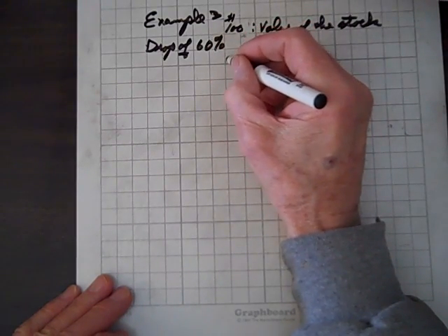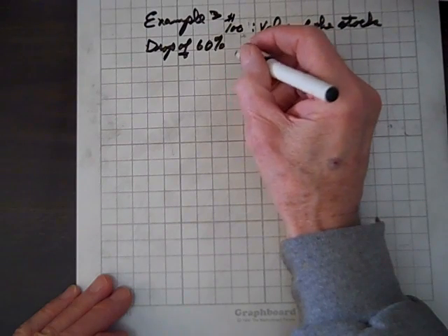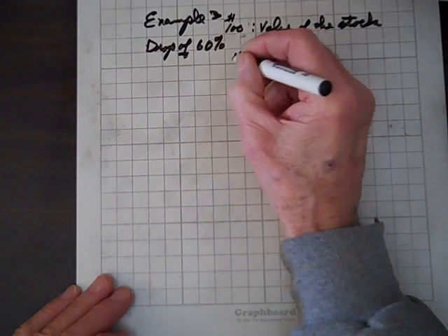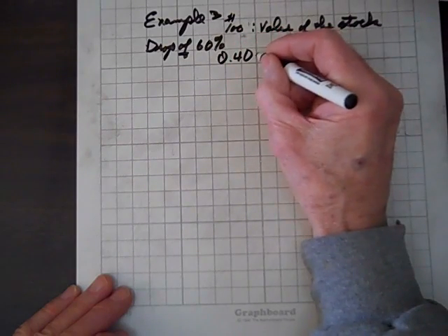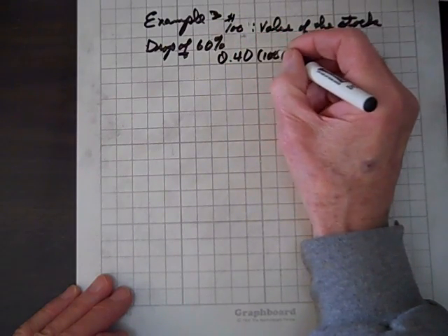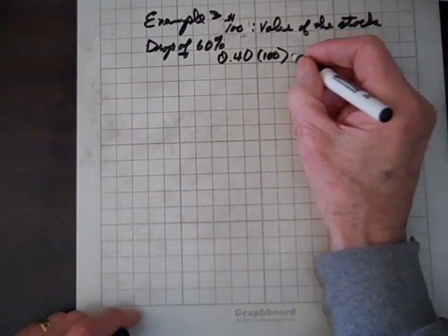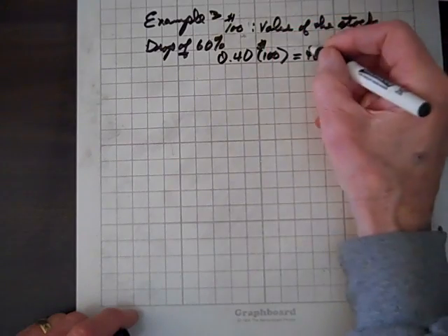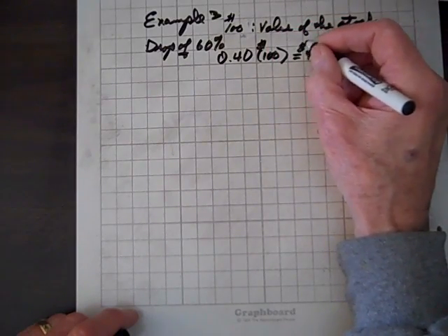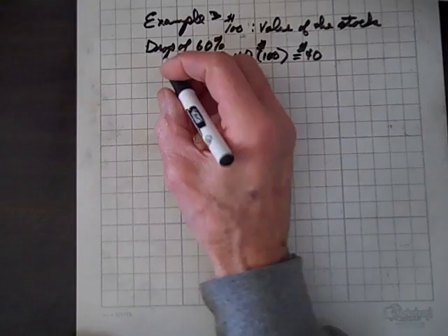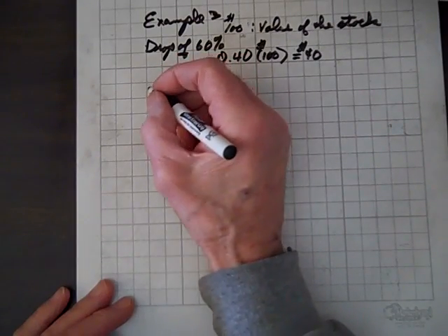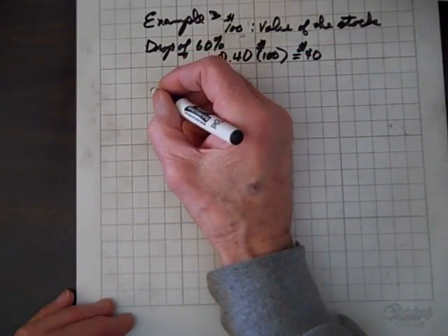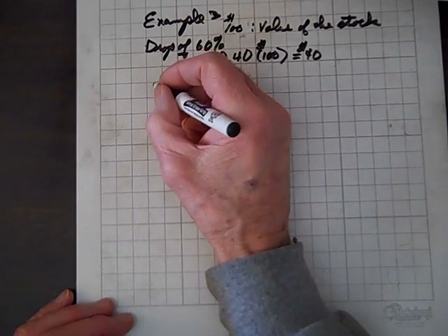So the value of the stock now will be 0.4 times 100, which equals $40. So now the stock is worth $40.